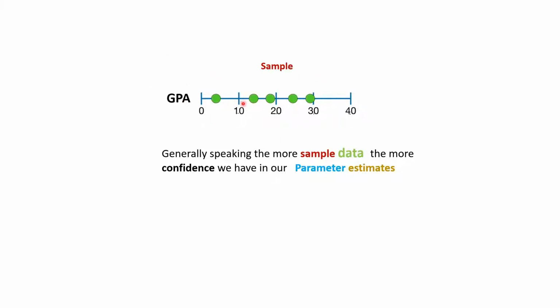If we had 10 randomly selected students instead of 5, we would have more confidence in the parameter estimates. So the more we sample, the more confident we are about the result of our sample mean or any other statistic.